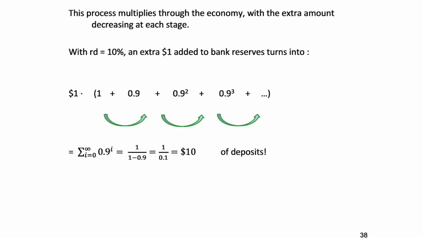That means that for every additional dollar deposited in the system, the banks will create $10 worth of deposits in bank accounts. That is what we call a money multiplier of 10. The initial dollar gets multiplied by 10 and the total amount of money in the economy increases by 10, even though the monetary base increased by 1.